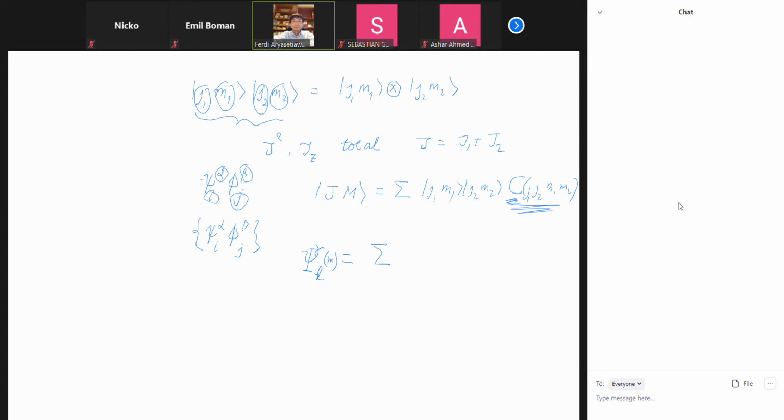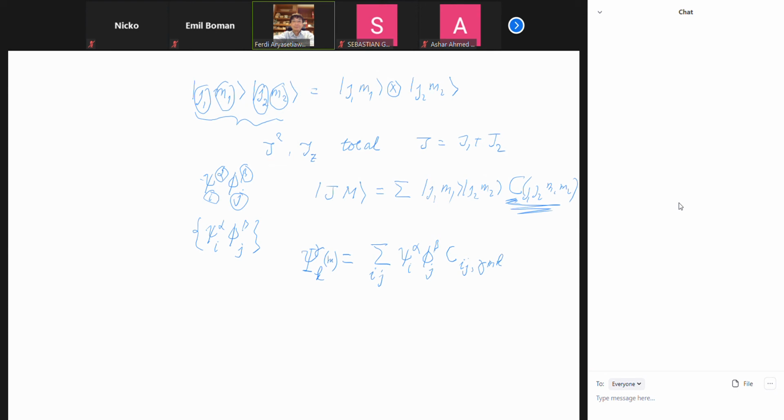And this is i j, alpha i beta j, and this is the Clebsch-Gordan coefficient C i j, gamma m k. Oh, okay, I wrote it in a different way.